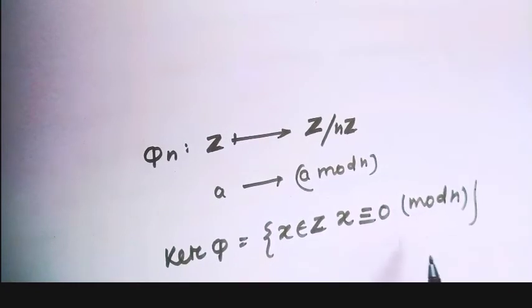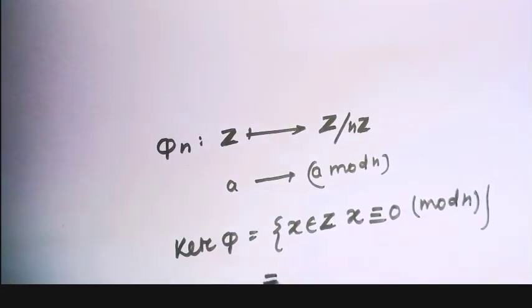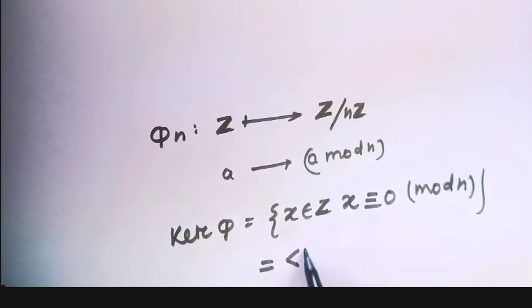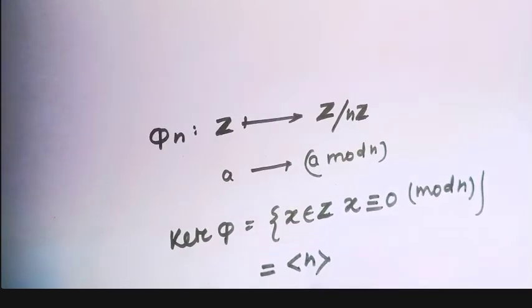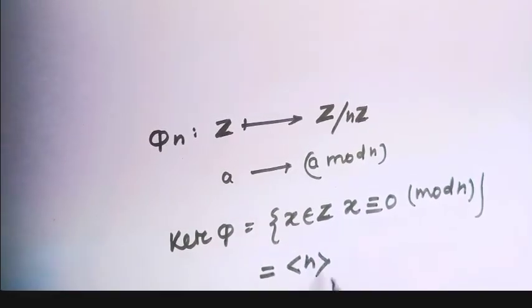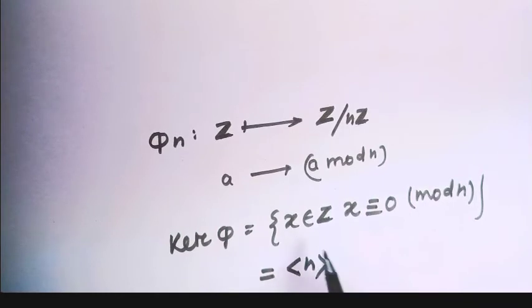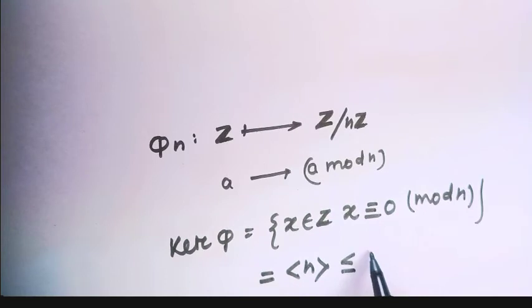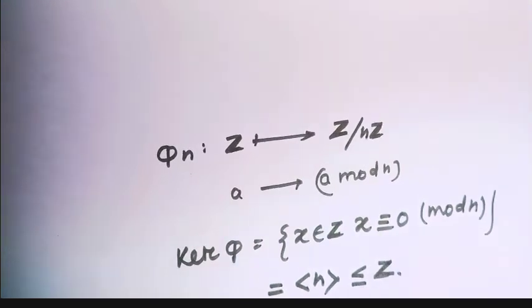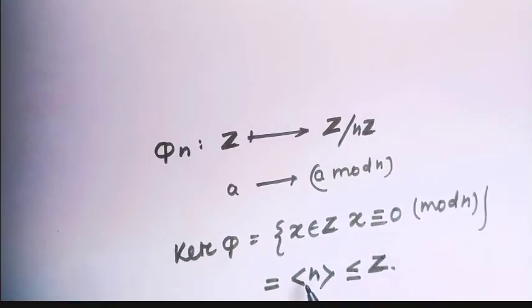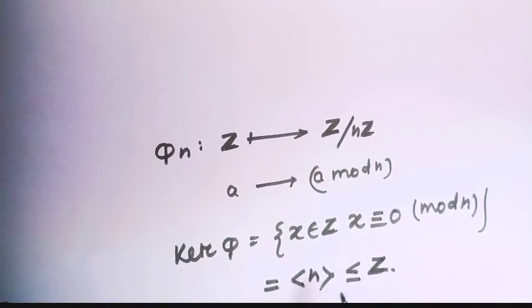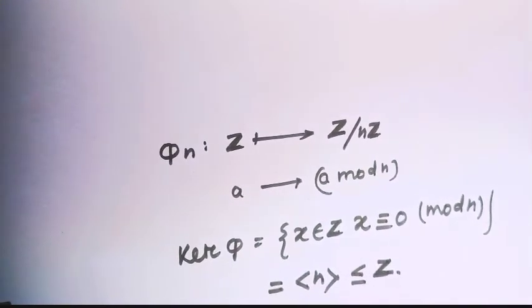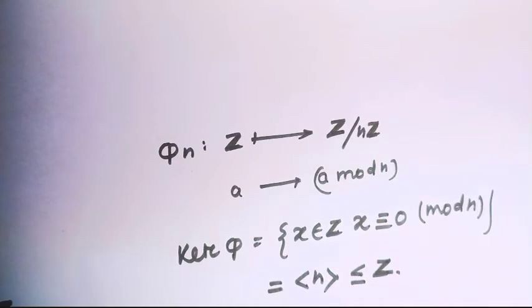And this is the cyclic subgroup generated by n. Are you getting? That means this kernel is a subgroup of the integers Z. That means the cyclic subgroup generated by n maps to 0 in Z mod nZ.